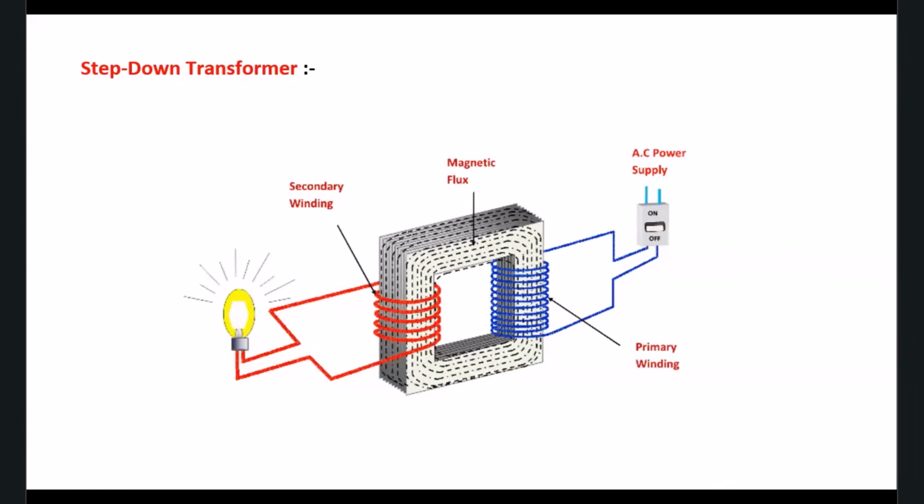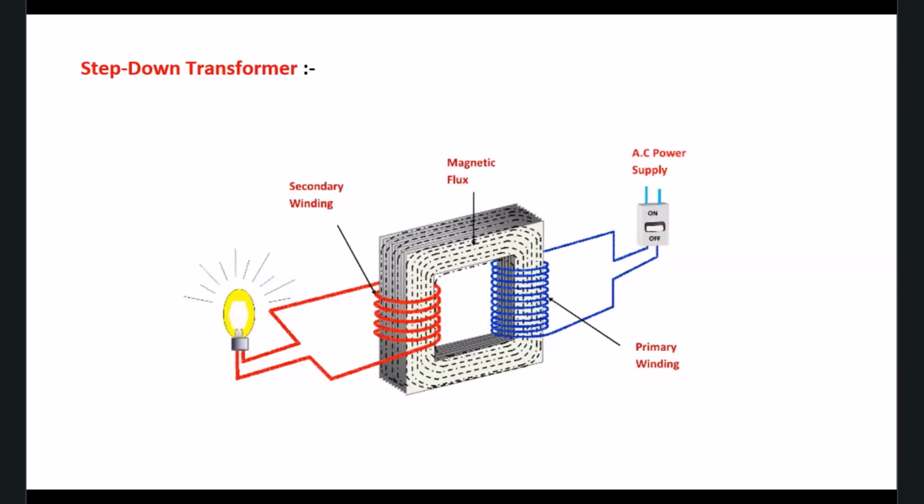So in short, because the primary windings are more and secondary windings are less, the secondary winding will be capable of getting a lesser amount of the voltage or the power.